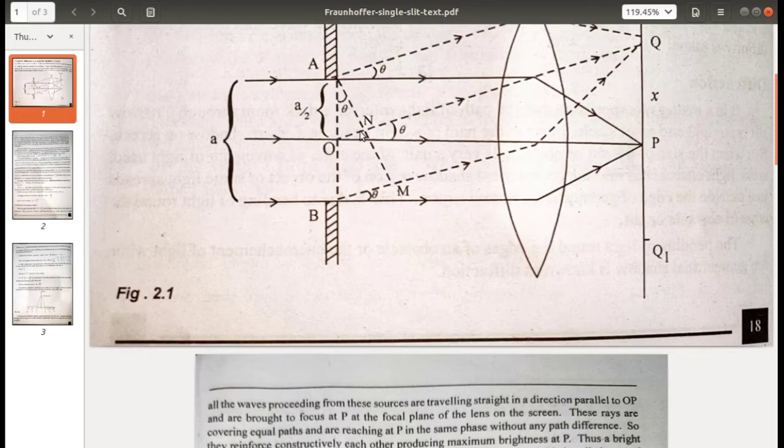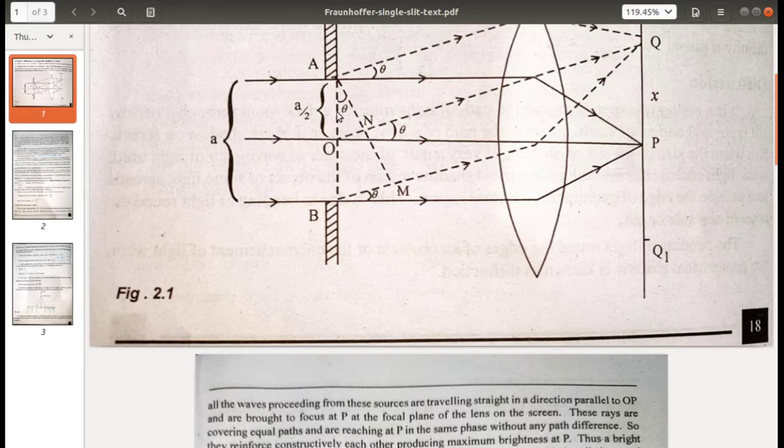Considering the first half of the slit and its extreme points O and A, the path difference will be lambda by 2, because for the full width slit it is lambda, so for the half slit it will be lambda by 2, and a similar half slit is there at the downside.